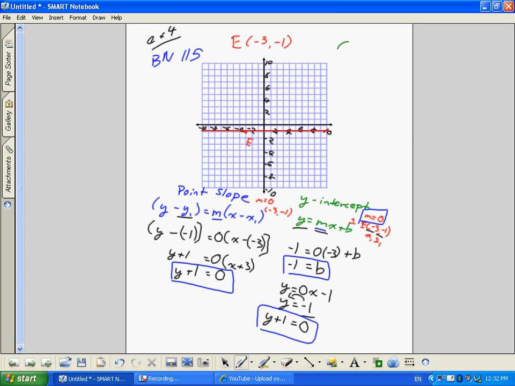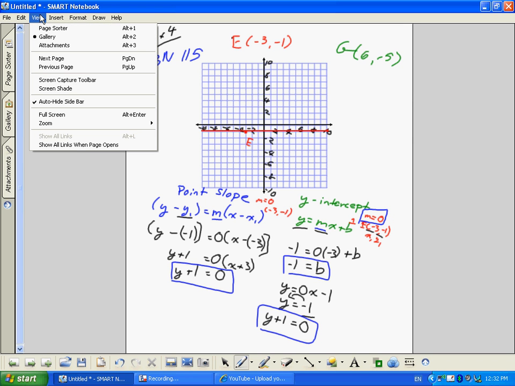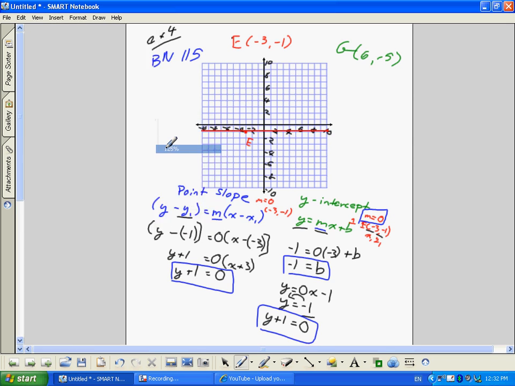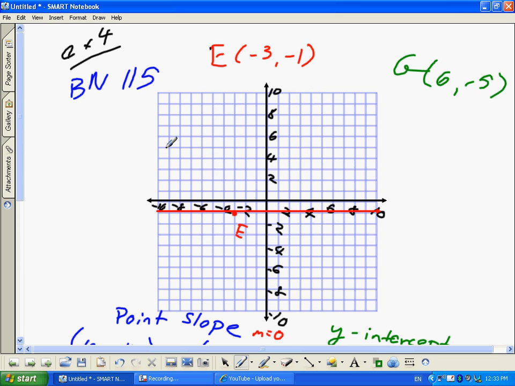C gives us point G. I have a vertical line, and point G is 6 and negative 5. I'm going to zoom in just because it's hard to see. Okay, 6 and negative 5. So our 6, negative 5 is down here. Here's our point G.